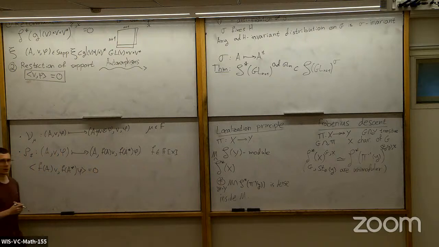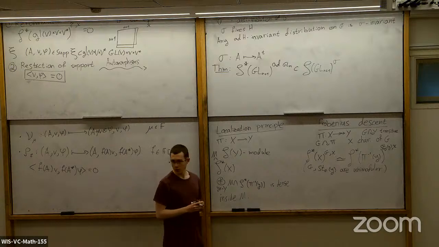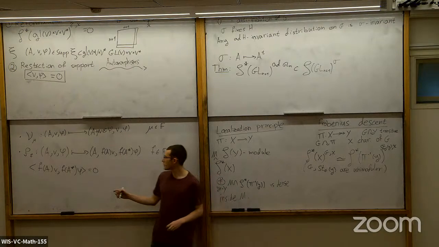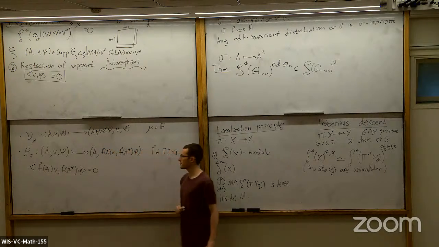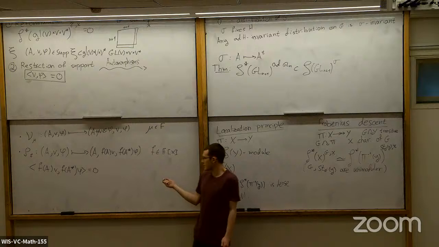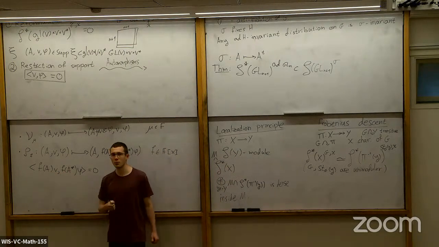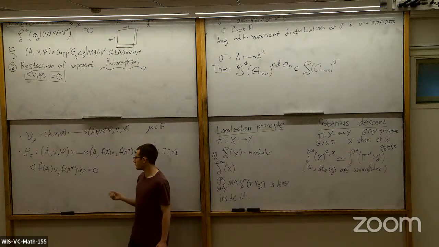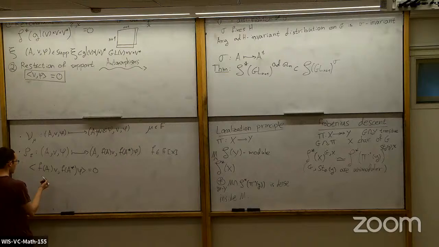A priori, we know this only for some Zariski open set of polynomials, but since this is an algebraic condition, we actually know it for all polynomials. So what does this say?